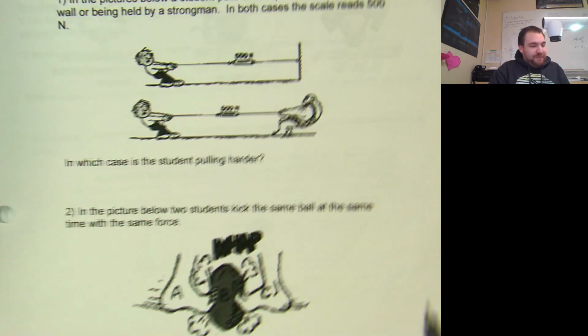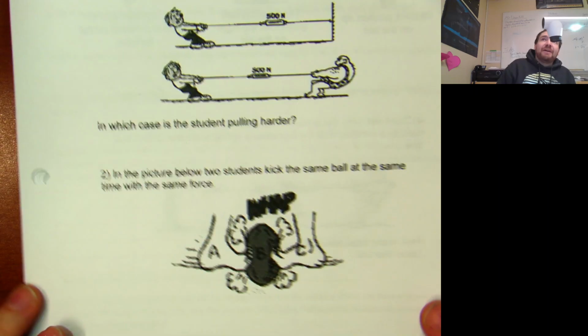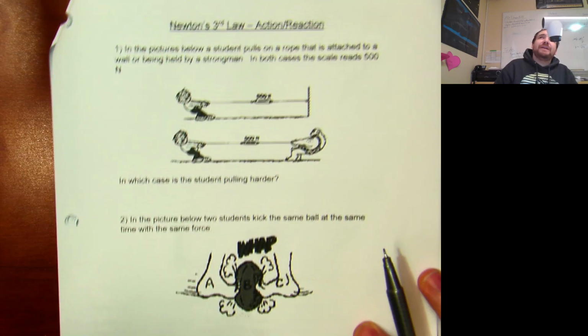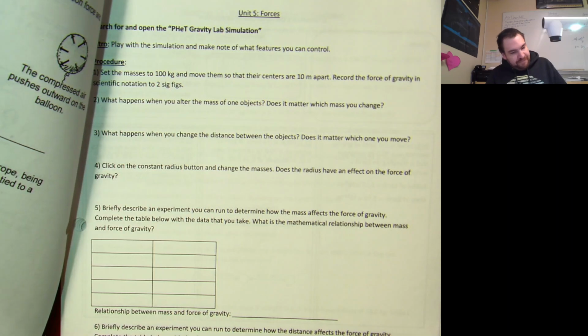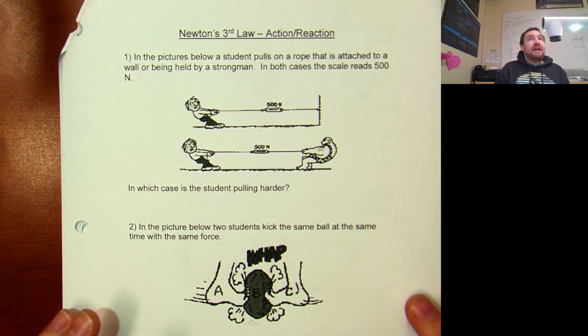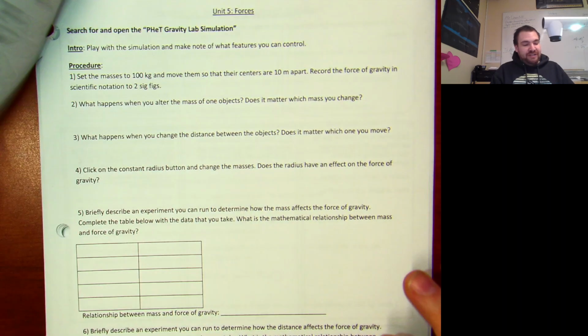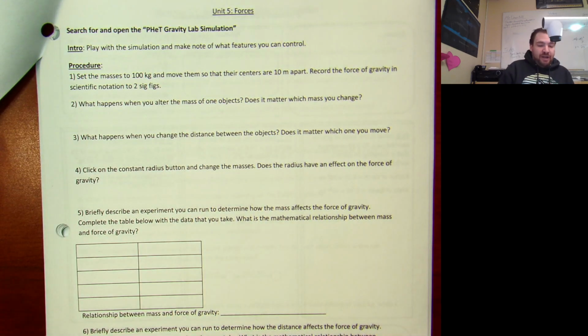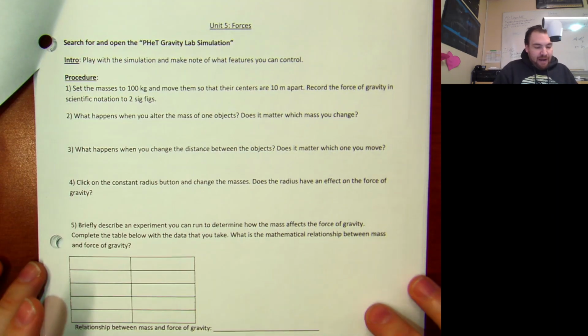I want you guys to do a few things with the time that remains. There's only 4 questions on these 2 pages. I want you to do those 4 questions, either alone or talking through them with the people sitting around you. Then, to lead into tomorrow's lesson on gravity, and I have not forgotten to show you the video about how gravity is not true, I'll show you that tomorrow.